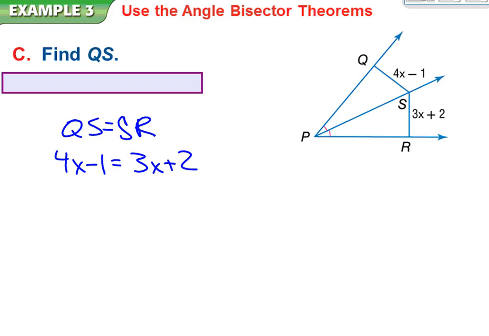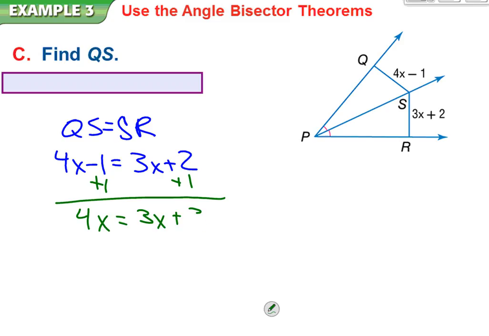We skipped 2 at the beginning of the hour. Will you just tell us how to solve for x? We're going to add 1 to both sides, and then x equals 3.